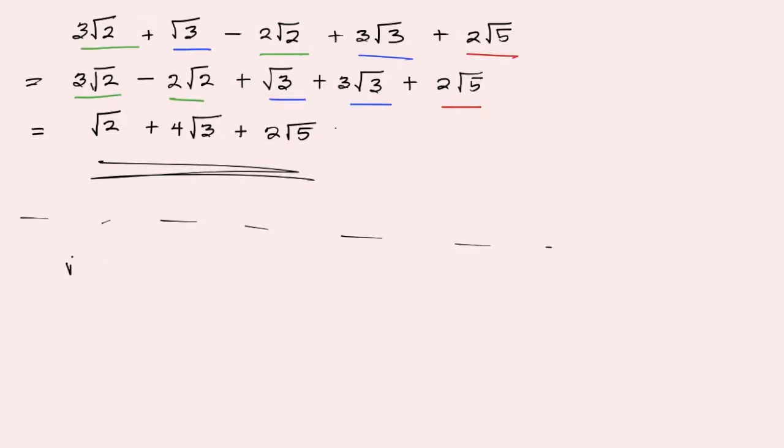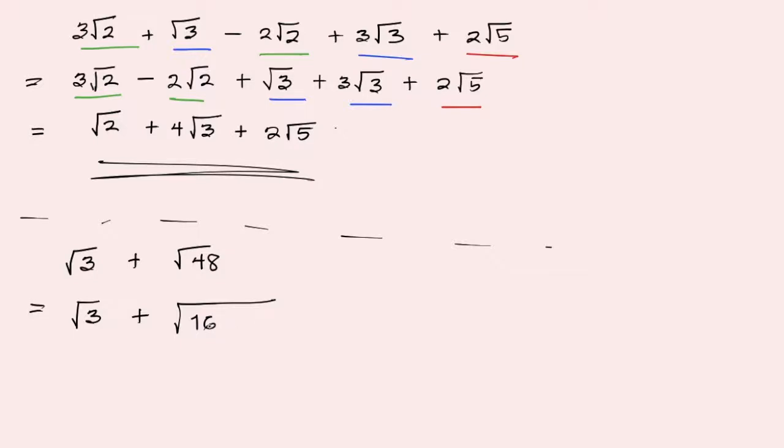Next is root 3 plus root 48. Now obviously root 3 cannot be broken down, so that's that. But we can break root 48 down. Remember how we learned how to simplify expressions.